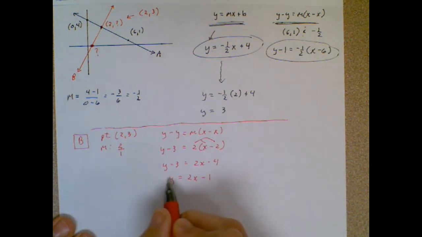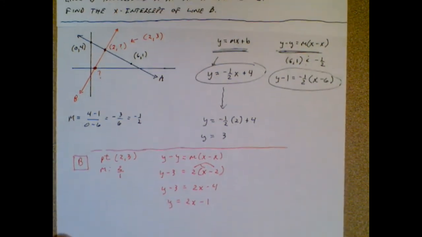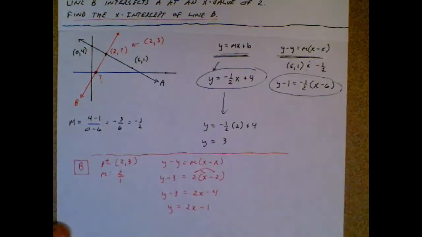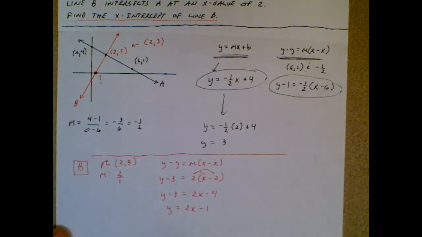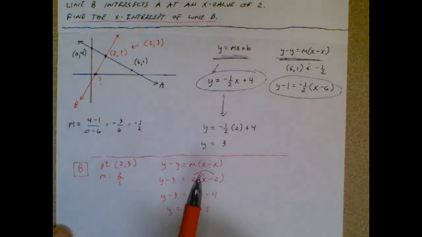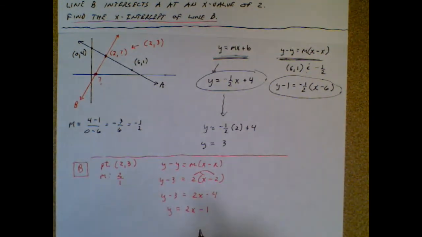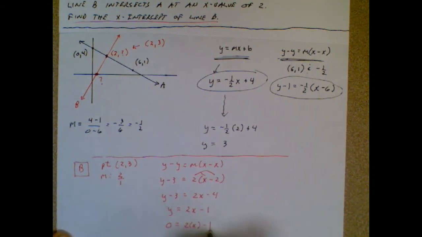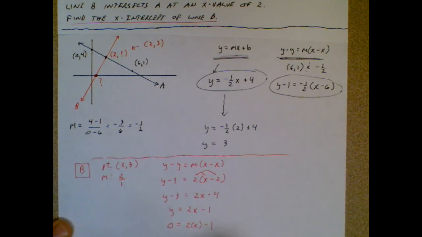So now I have the equation of line B, but remember the request is to find the x-intercept of line B. The last little algebra reminder you're going to have is this: every x-intercept in the entire world has a y value of 0. So I simply plug in a 0, and I solve for x.